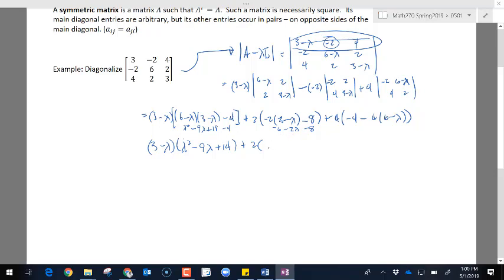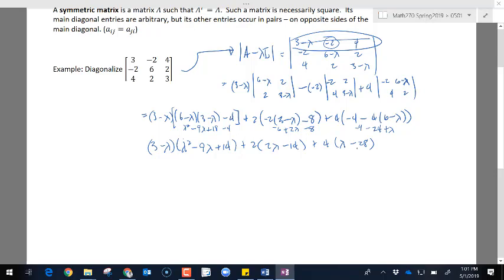So 2 lambda minus 14, plus this is going to be negative 4 minus 24 plus lambda. So 4 lambda minus 28.